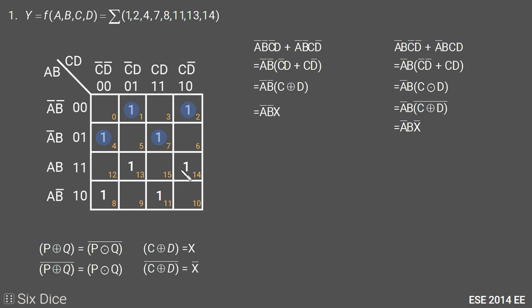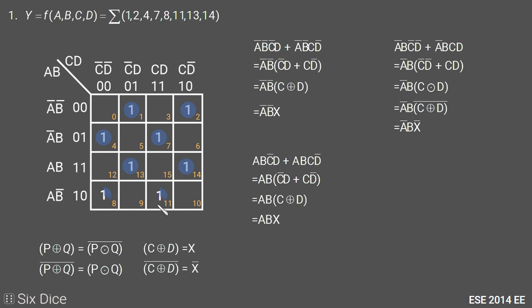Now we solve for the next two ones. The first is A, B, C bar, D, and the other is A, B, C, D bar. If we take A B common, we end up with C bar D plus C D bar, which is the XOR of C and D, which we put as x. So A, B, x.